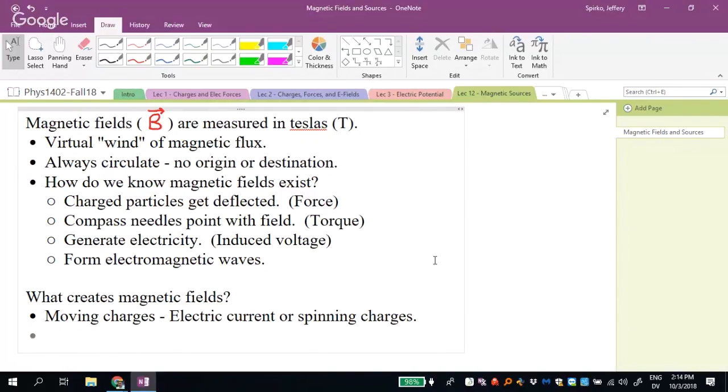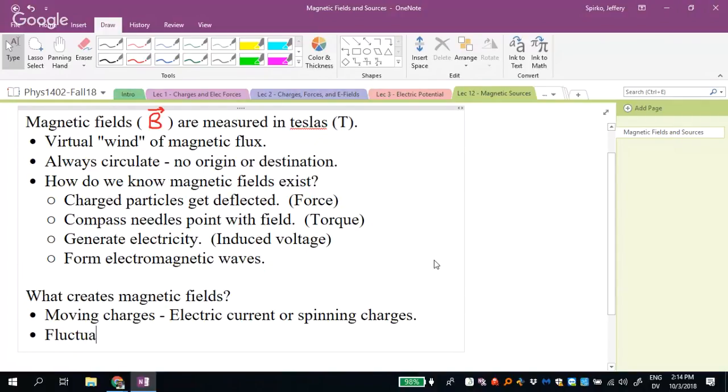And the other thing that can generate magnetic fields is fluctuating electric fields. Now, if you just have a stationary charge with its static electric field, that won't generate magnetism. It takes a fluctuating electric field, an electric field that is growing or shrinking, to generate some magnetism. And we probably won't get into the details of that at all.